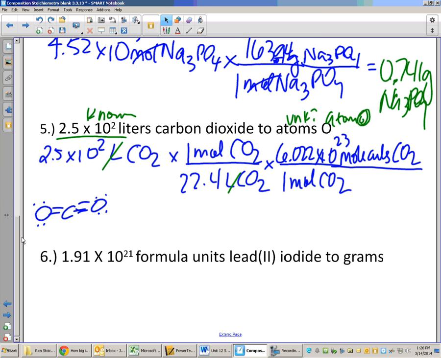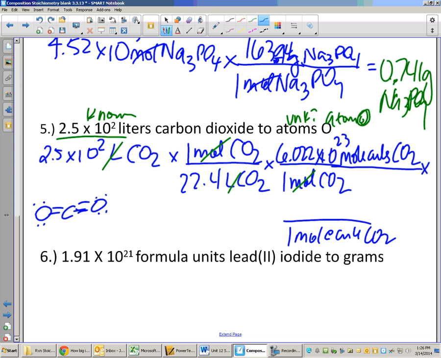Why did I put moles on the bottom? Cancel. So what's my next step? Right, so I need to do molecules on the bottom. So 1 molecule of CO2, and how many atoms of O? In this thing? 2. 2 atoms of O in that molecule.